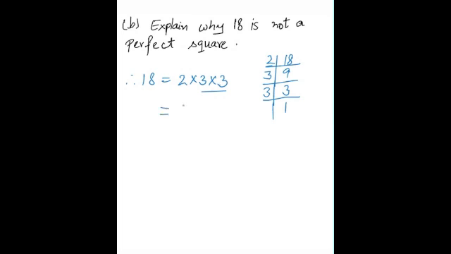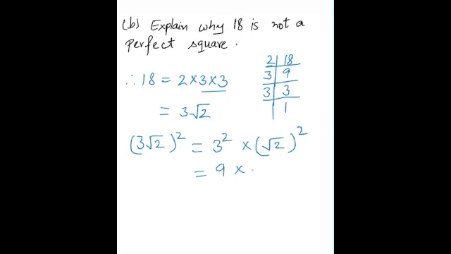So in order to do the squaring, it will become 3 root 2, as if you square them, then it will show you 3 squared times root 2 squared. 3 squared will give you 9 times, we know that root a times root a will give you value a.